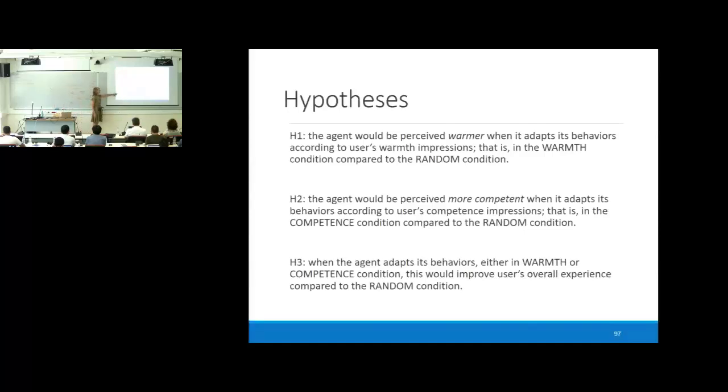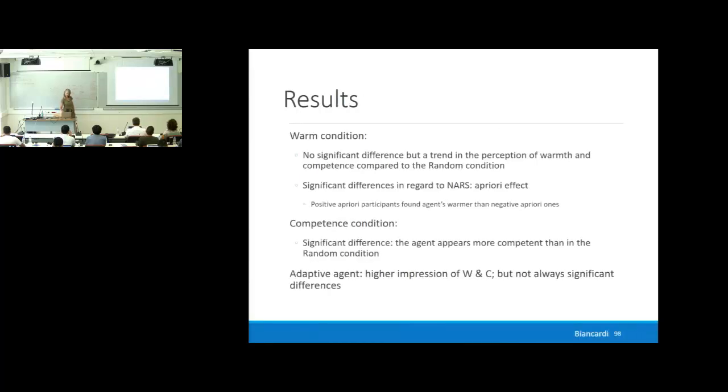Also, when the agent adapts its behaviors, in either the warmth or the competence condition, it will improve the overall impressions compared to the random condition. Participants coming into the room first filled in the NARS questionnaire, then were introduced to the agent, and after that they filled in the 2 post-questionnaires.